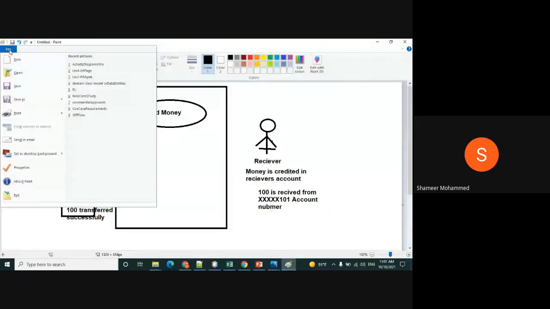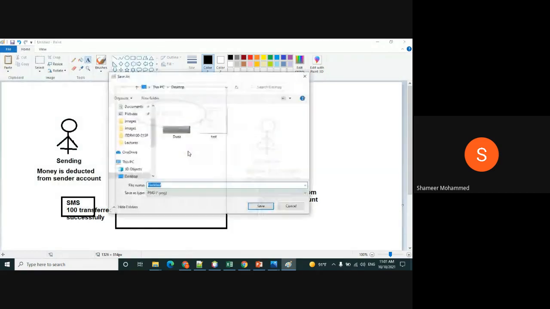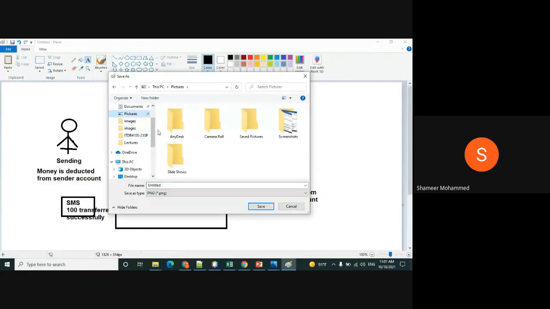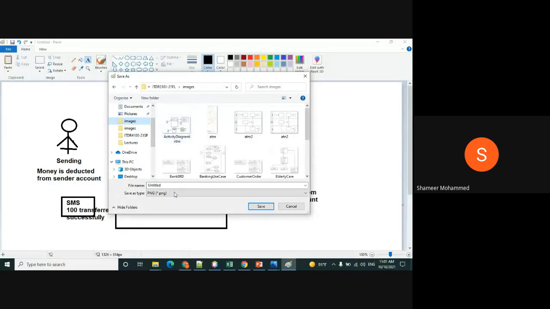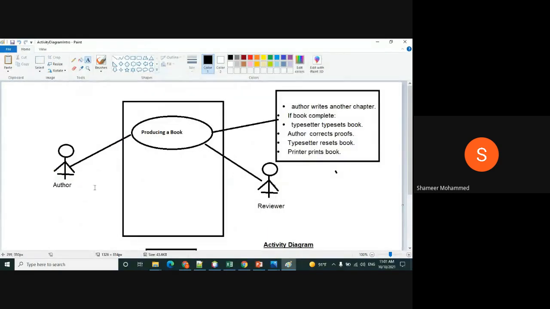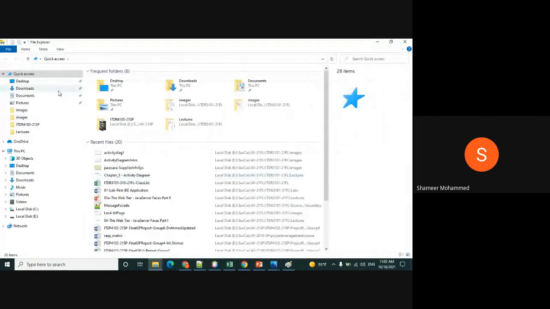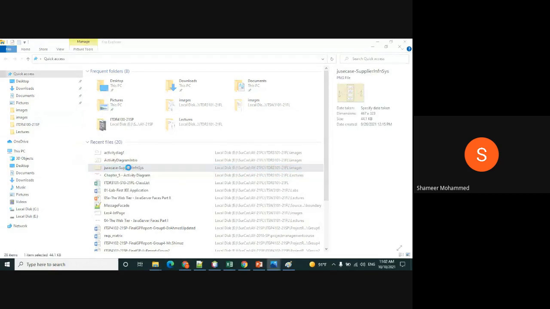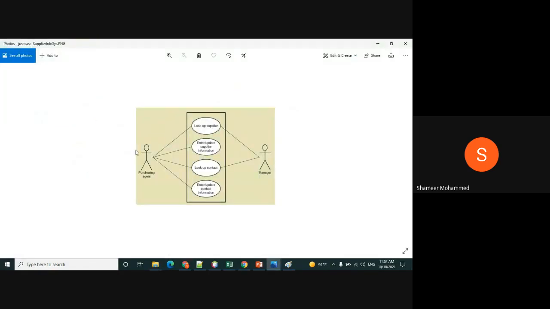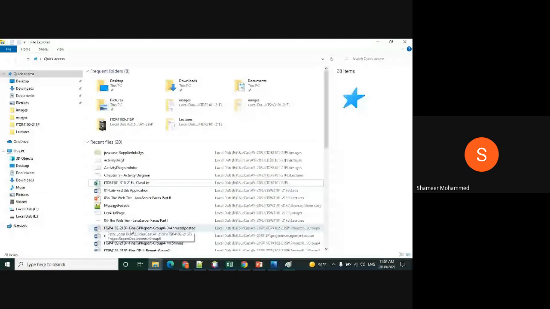Where did I save? Save the diagram. Access. To show you the diagram. Where is it?